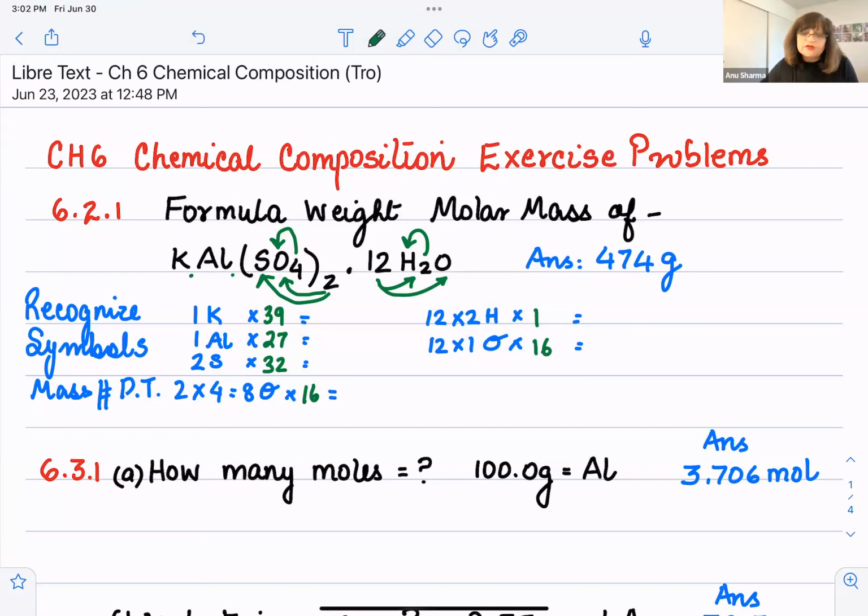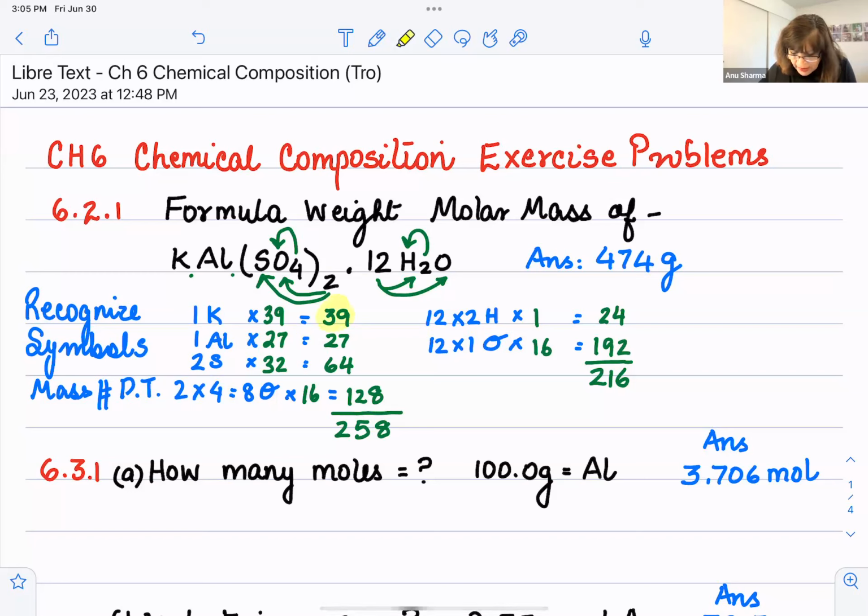So now we're going to do the math. You see that we did the math. 1 times 39 is 39. 1 times 27 is 27. 2 times 32 is 64. 8 times 16 is 128. When you add it, it becomes 258.